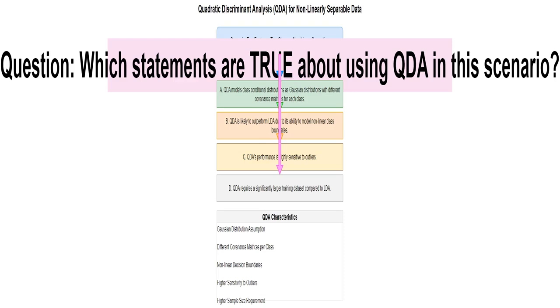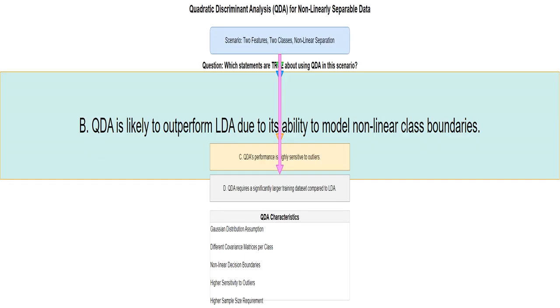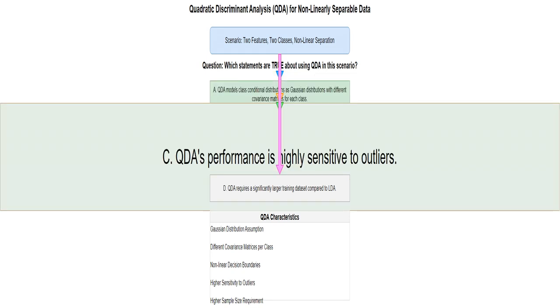This statement is true. That's precisely what QDA does. I fit a Gaussian distribution to each class, allowing for different spreads for each. This is true. Because I can handle nonlinear boundaries, I am generally expected to perform better than LDA, which assumes linear separability, when dealing with curved class boundaries. This statement is true.